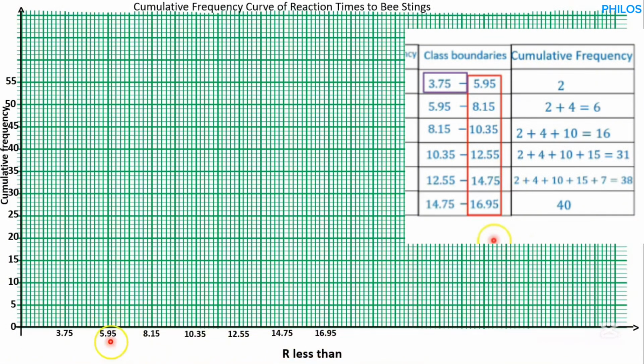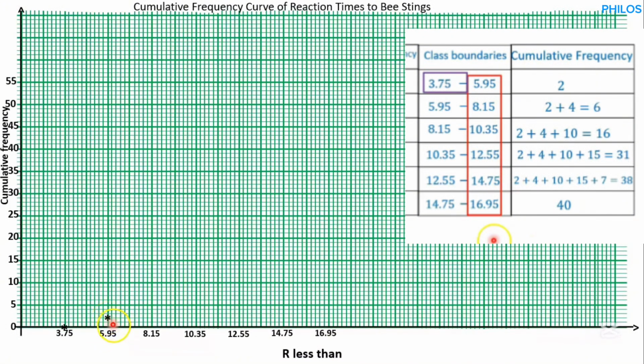As I said, we'll be plotting each upper class boundary against its cumulative frequency. But I'm going to start from this one and plot it against 0. That's the lower class boundary of the first class. Then the upper class boundary of the first class, we'll plot it against its cumulative frequency, which is what? 2.